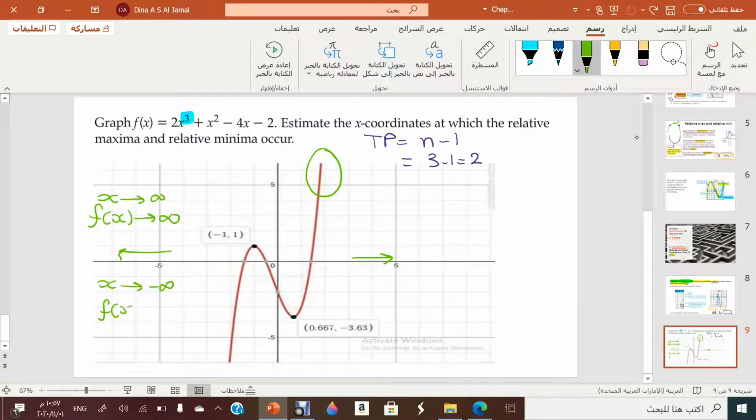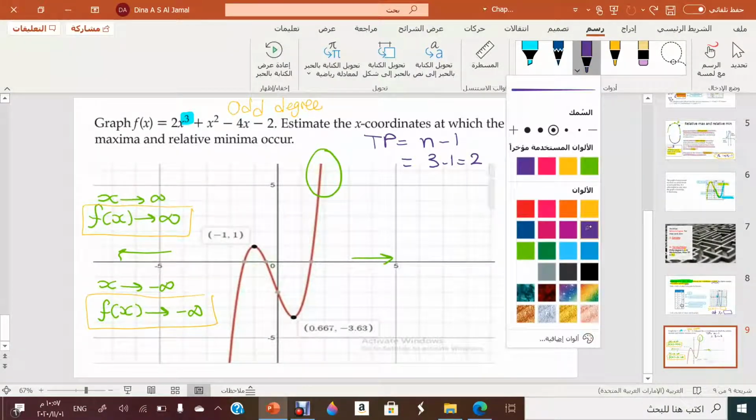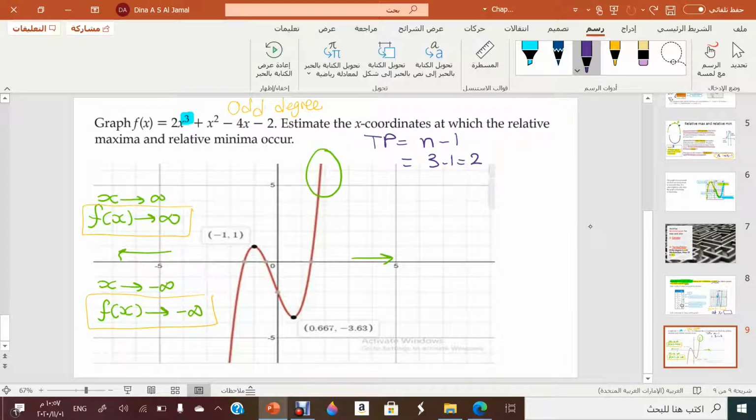F of x will be going to minus infinity, which is clear for you that the end behavior is not in the same direction, and this is because I'm having an odd degree. Great.